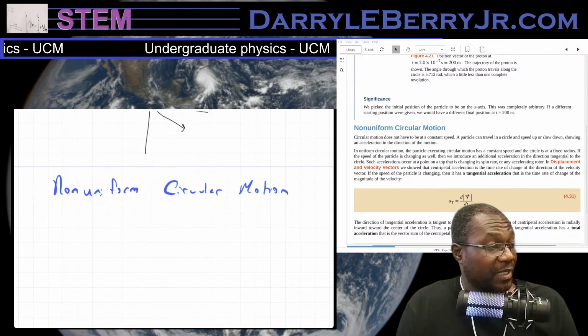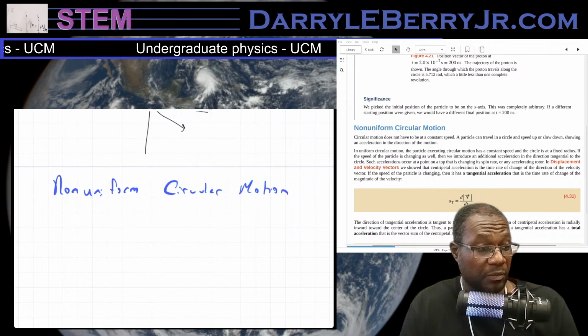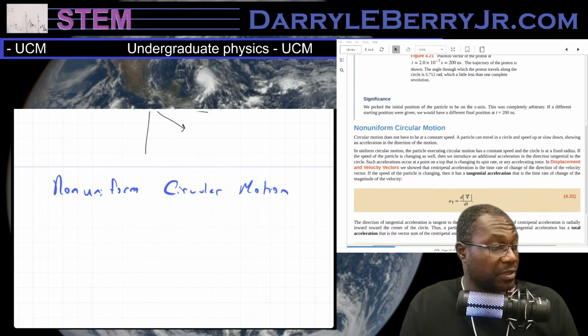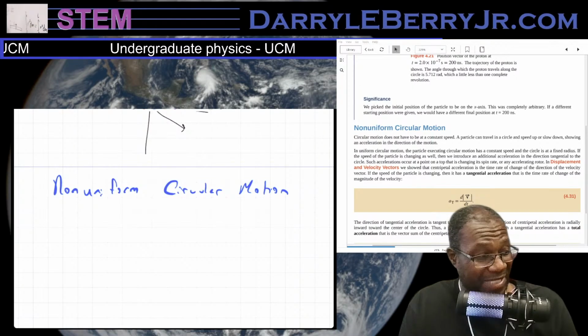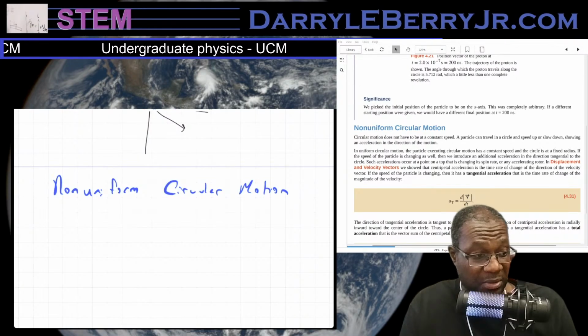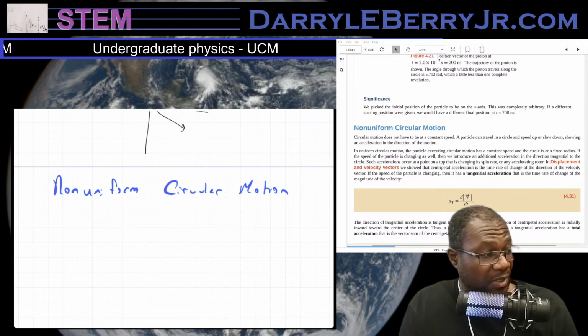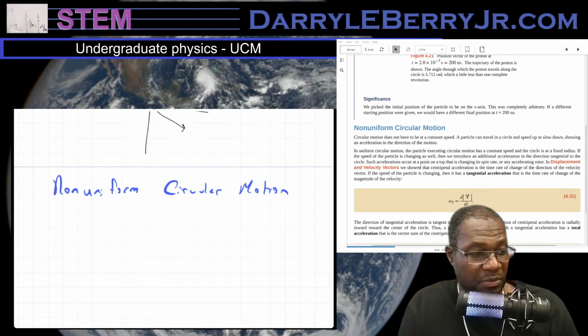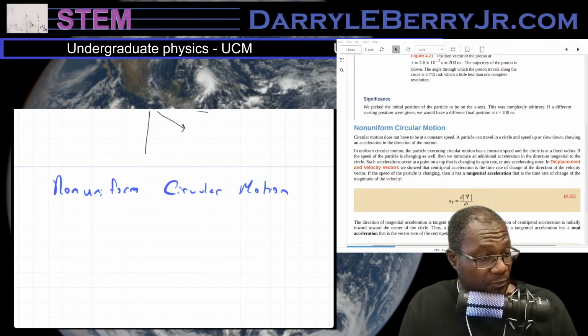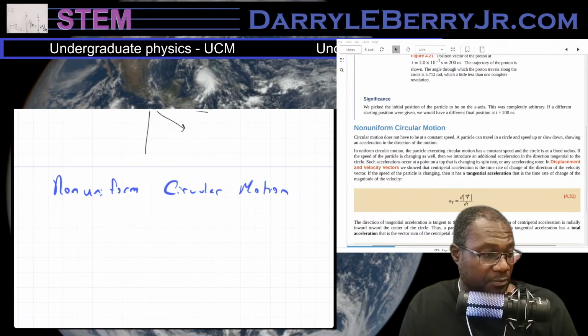Circular motion does not have to be at a constant speed. The particle can travel in a circle and speed up or slow down, showing an acceleration in the direction of motion. In uniform circular motion, a particle executing circular motion has a constant speed and the circle is a fixed radius. If the speed of the particle is changing as well, it will introduce an additional acceleration in a direction tangent to the circle. Such accelerations occur at a point on a top that is changing its spin rate.